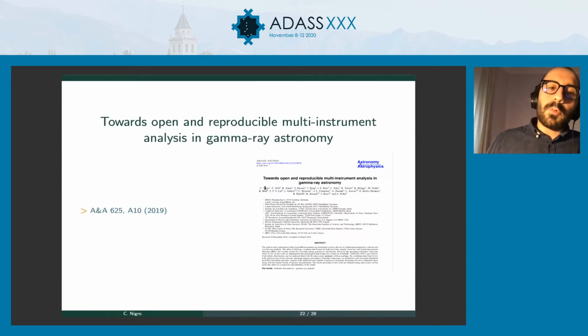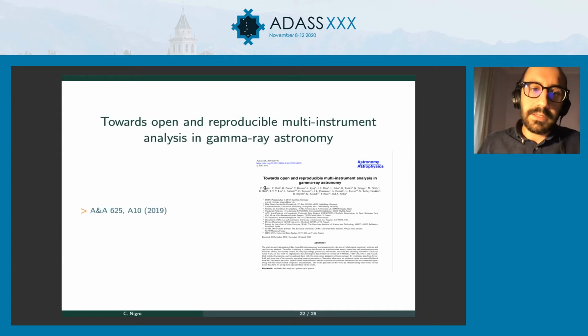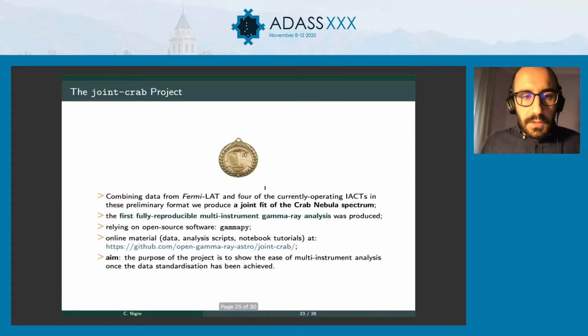The last project that I want to show you has a still larger scope, and it is to perform data combination fundamentally, and to show also how we can produce reproducible analysis in gamma ray astronomy. So combining data from Fermi and 4 of the currently operating Cherenkov telescopes in this preliminary DL3 format, we produced a joint fit of the Crab Nebula spectrum.